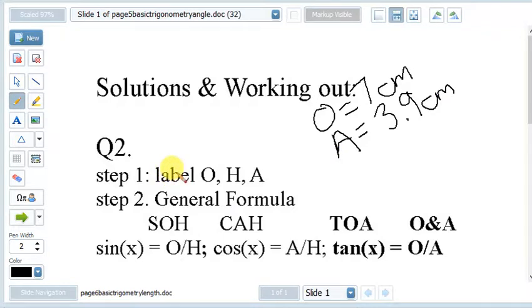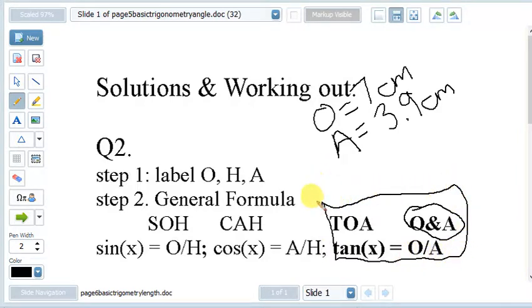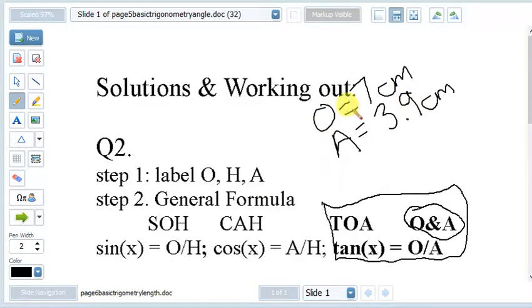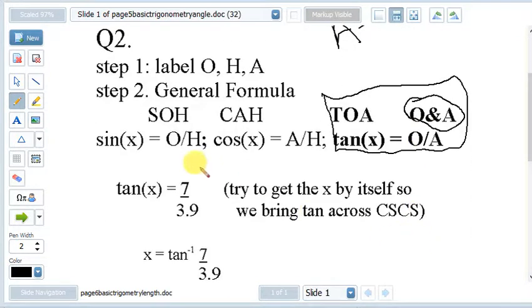Okay, so we've labelled the triangle, we've figured out that we've got O and A, and so therefore we've got to use tan. So tan of x equals O over A. O is 7, so we substitute that into the formula, and A is 3.9.